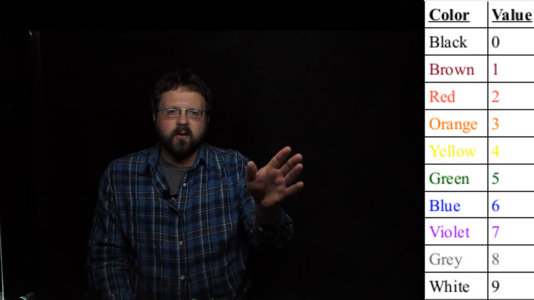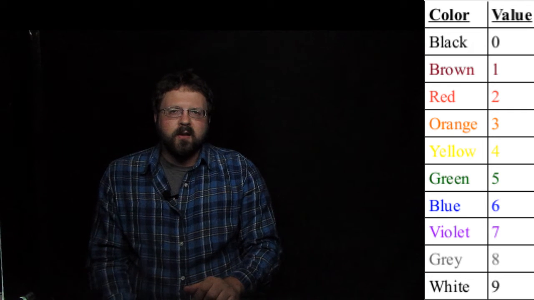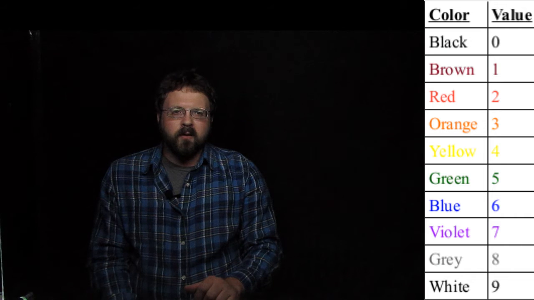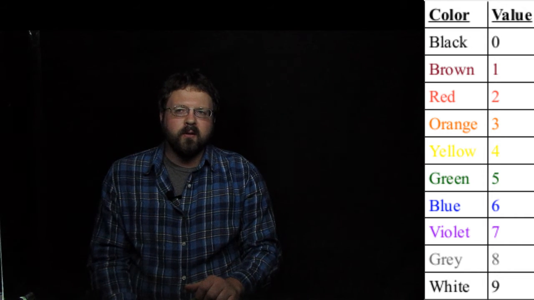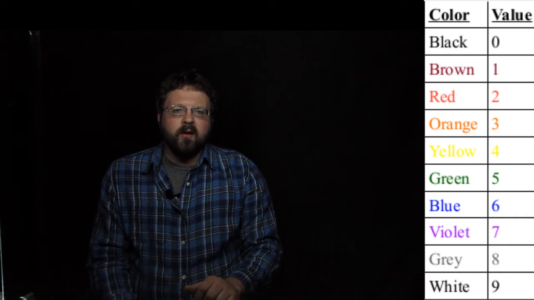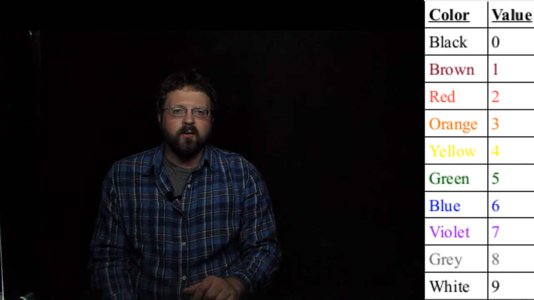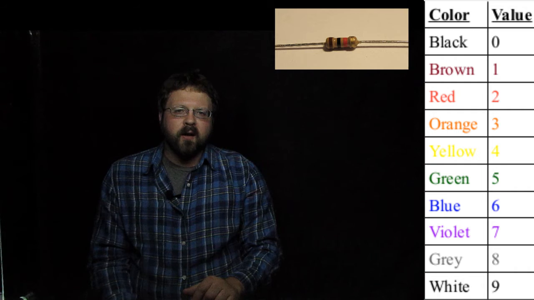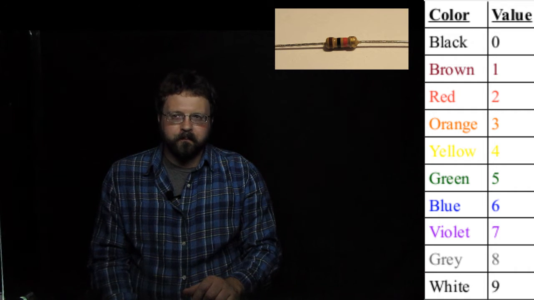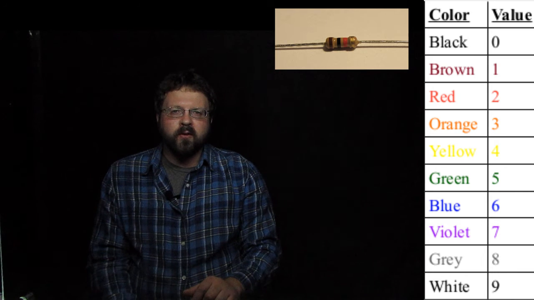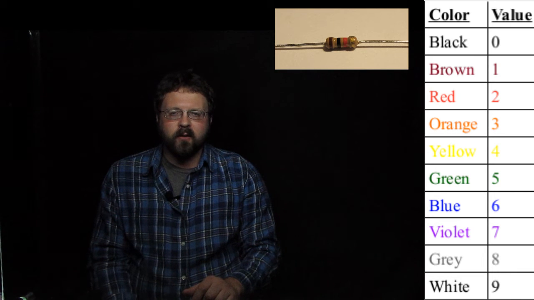So here's the resistor color code, and you can see that each color corresponds to a different number, going all the way from 0 to 9. So we can use these numbers to express different resistor values. So the resistor I've got up here has 4 bands. Only the first 3 are relevant for our discussion here.